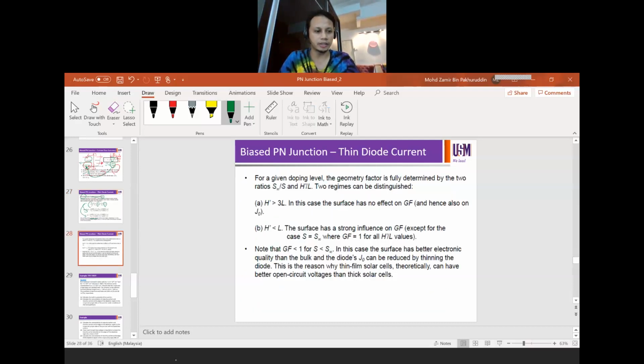Okay, let's go to another slide. Last one, then we're going to stop. For a given doping level, assuming the same doping level, the geometry factor GF is fully determined by two ratios: S infinite over S, and H over L. The two regimes can be distinguished as follows, where H is the device thickness.